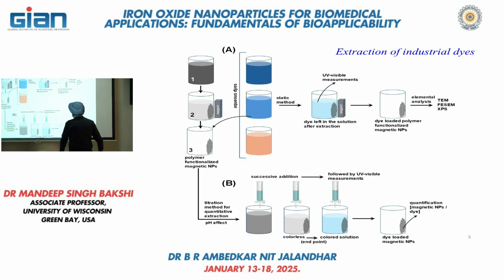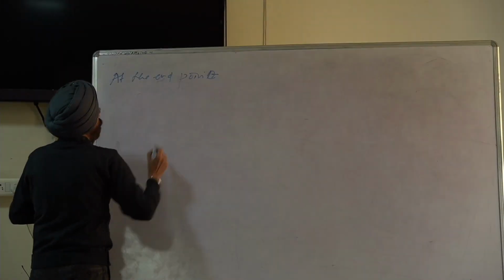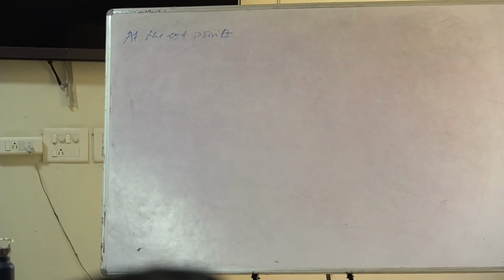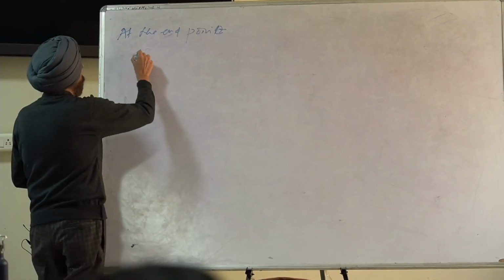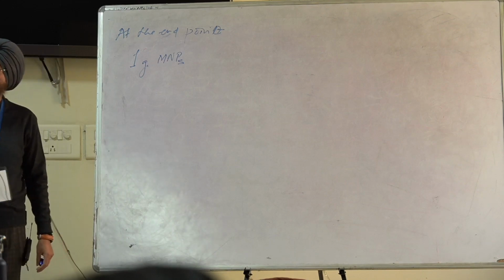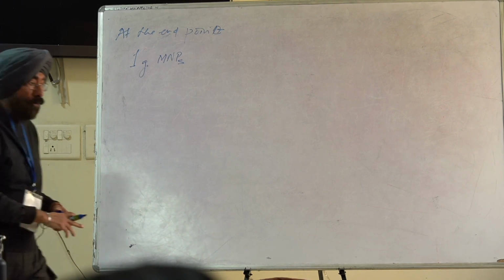Now we need to find out this concentration. What is the meaning of this concentration? Quantitatively, at the end point, suppose I say that I have taken 1 gram of magnetic nanoparticles, MNPs. Just a minute, sorry, not 1 gram.